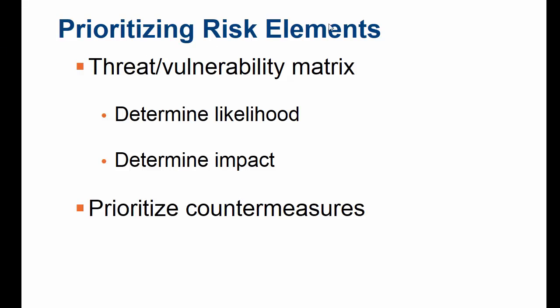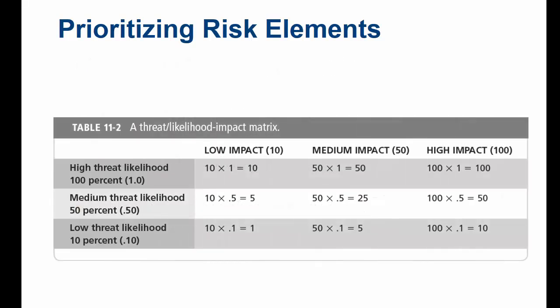Prioritizing your risk elements: the threat vulnerability matrix that you've talked about in previous chapters. Determine the likelihood, determine the impact, and then prioritize your countermeasures. So, the high threat likelihood, you've seen this picture before, so I won't beat this to death.